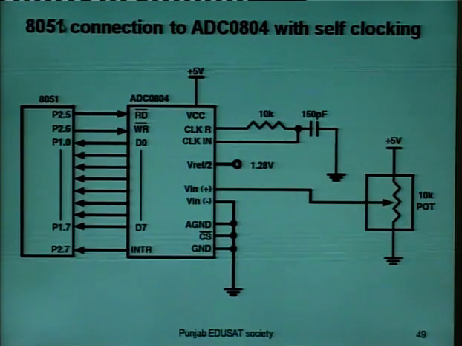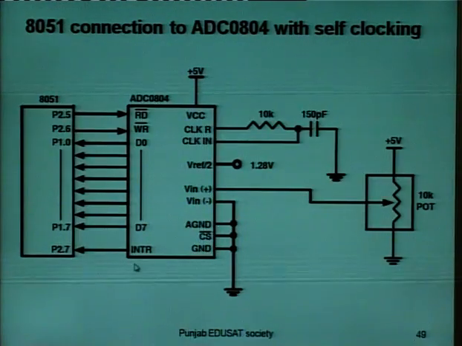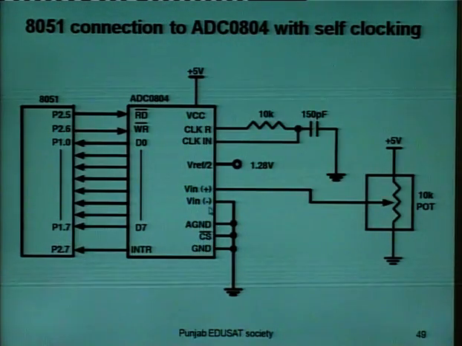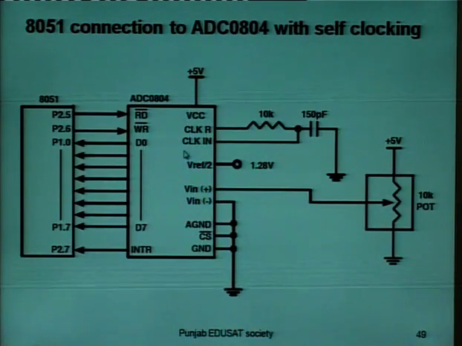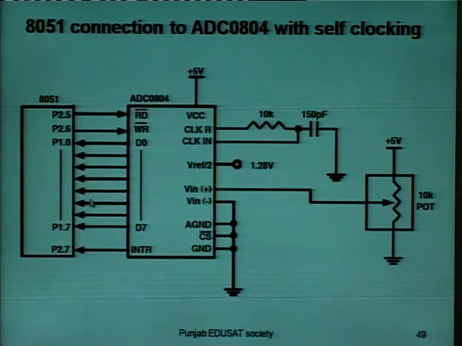This is the 8051 connection to the ADC 0804 with self clocking. In case of self clocking, clock R and clock in are connected to a resistor and a capacitor as shown in the figure. Here we require two ports.